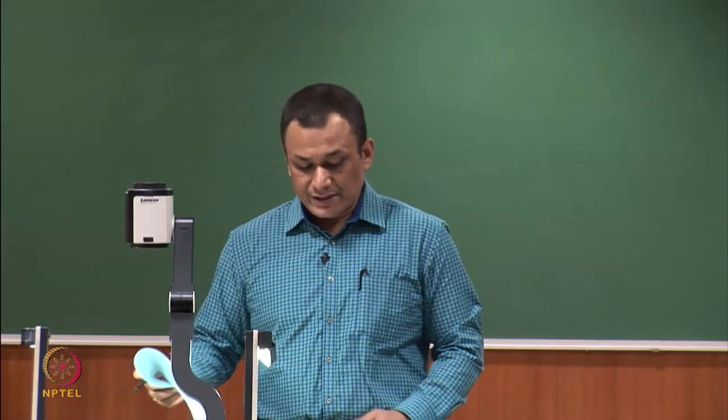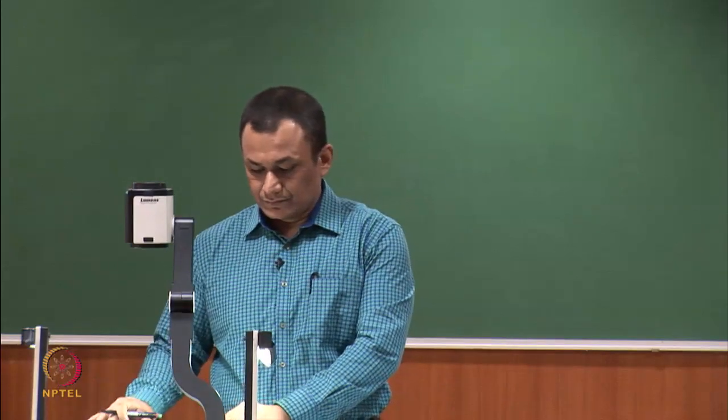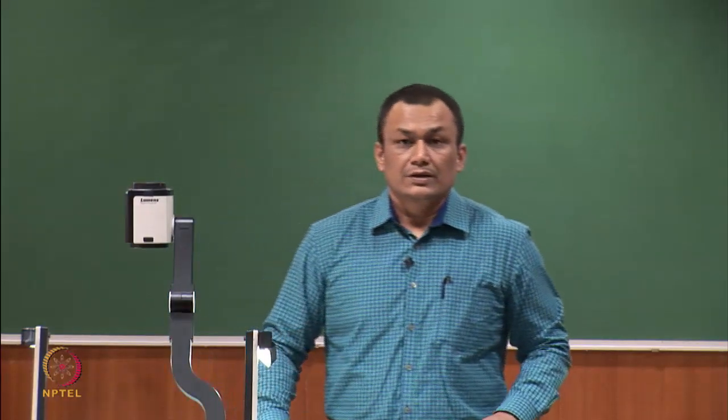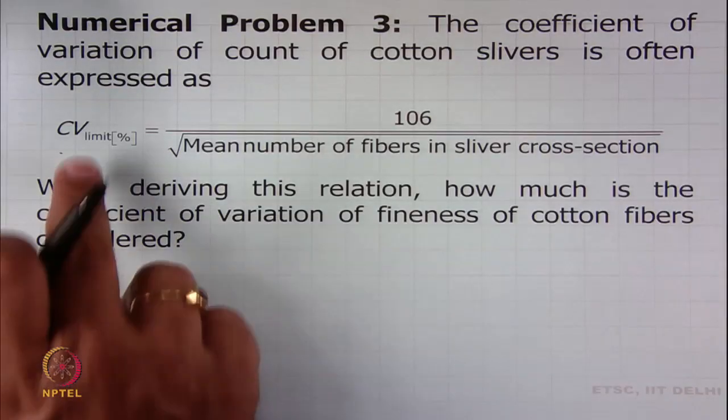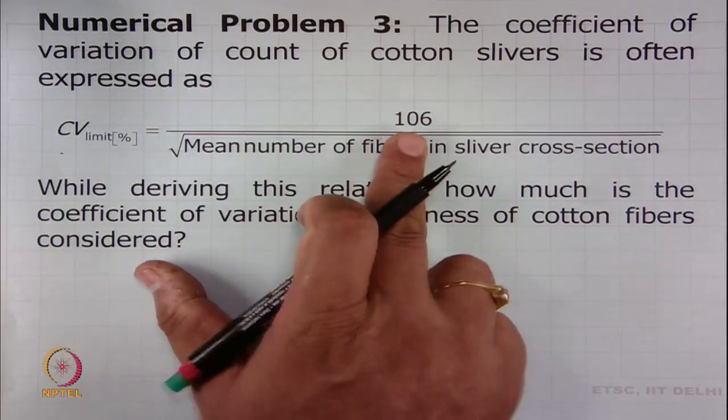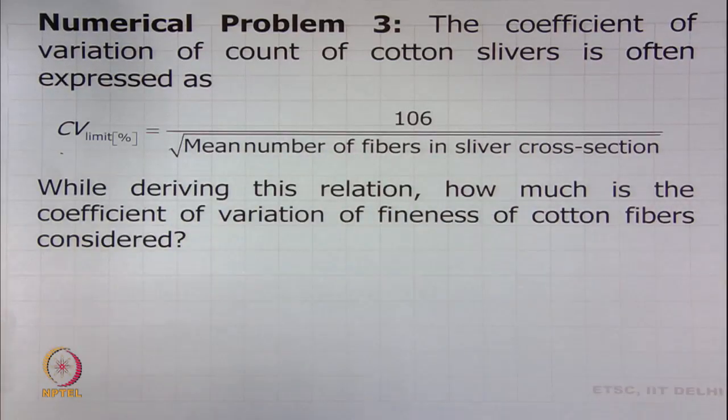Now, you will go to problem number 3. The coefficient of variation of count of cotton slivers is often expressed as CV limit is equal to 106 root over n bar.